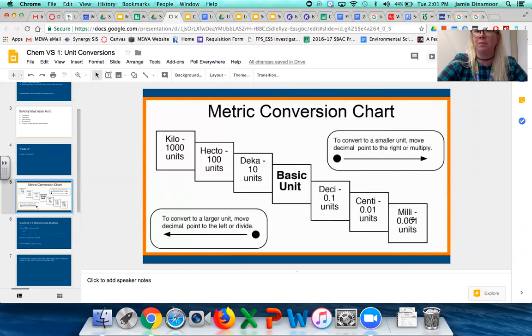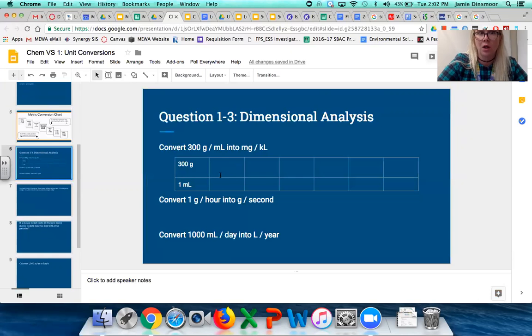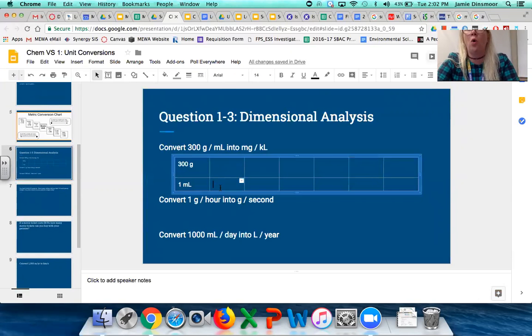If I'm starting at 1 gram, I'm going to move my decimal 1, 2, 3 places to the right. I'm going to have 1,000 milligrams in a gram. So 1 gram is going to be equal to 1,000 milligrams.